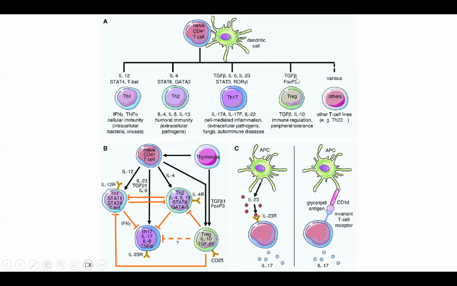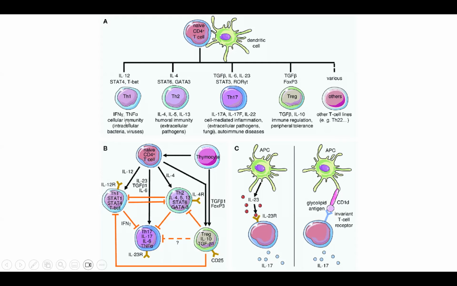Is it TGF beta and FOXP3? Depending on what chemicals are being released, that determines which T helper cell you start to get. So the description above the cell is actually the chemical that determines what it turns into.